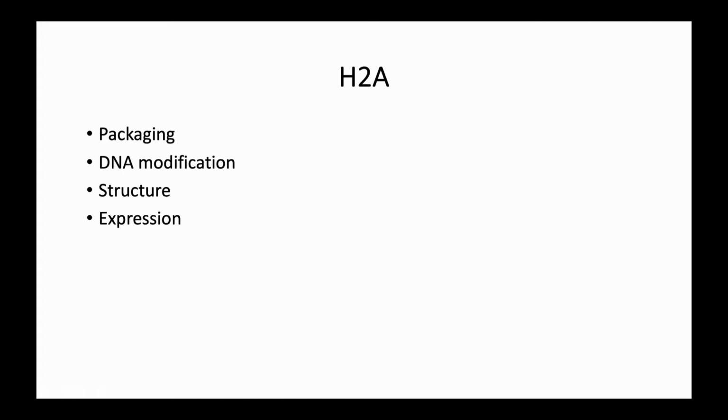H2A has been correlated with DNA modification, right? It also plays a major role in determining the overall structure of chromatin, and it's also been found to regulate gene expression. Okay, so that's H2A histone.